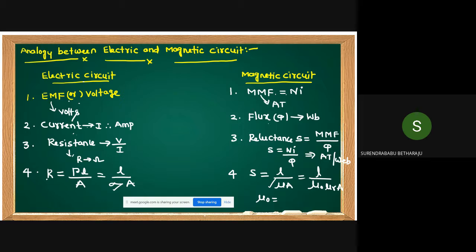What is the permeability of free space? 4 pi into 10 to the power of minus 7 Henry per meter. Clear, students? This is the analogy between the electric circuit and the magnetic circuit.